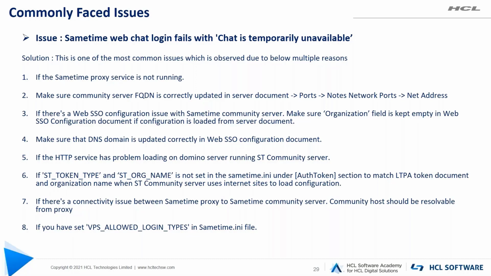By default this parameter is not present, and it is good that you don't add it unless you really require it. Most importantly, your Sametime proxy server and Sametime community server should be able to connect to each other and resolve each other over FQDN as well as IP address. So these are the basic common reasons why you run into this problem.